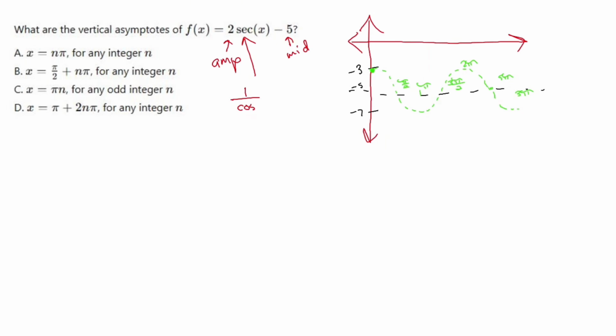From this, I know a couple things. My vertical asymptote is going to go through wherever cos x is 0. That happens at the midline. So that's where my vertical asymptotes are going to live.